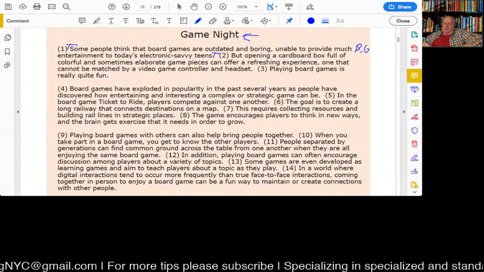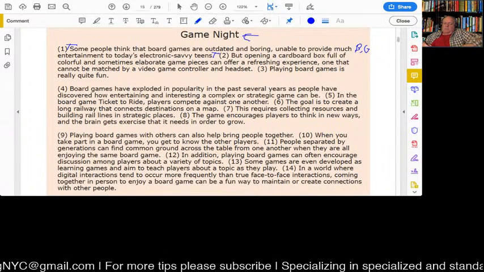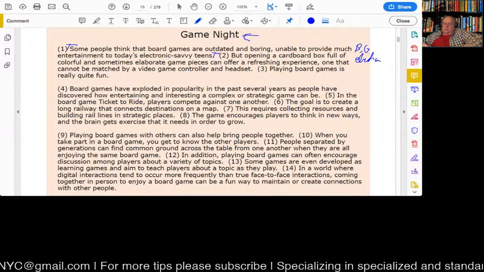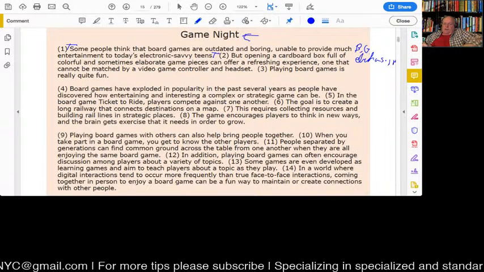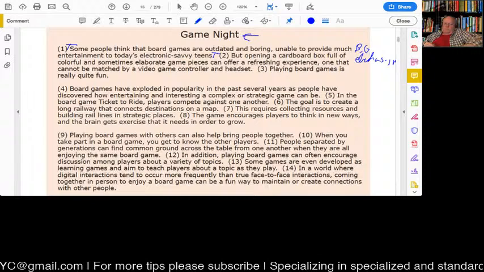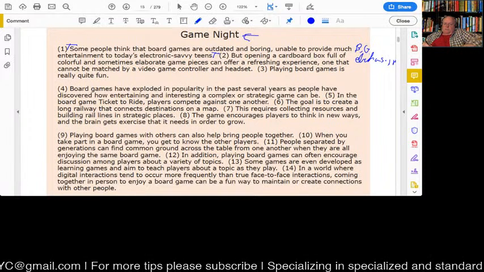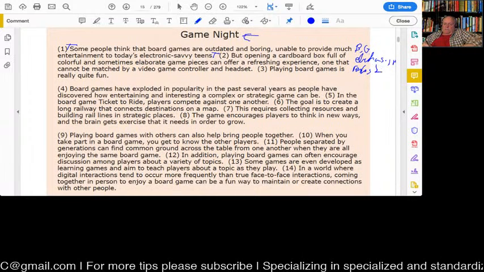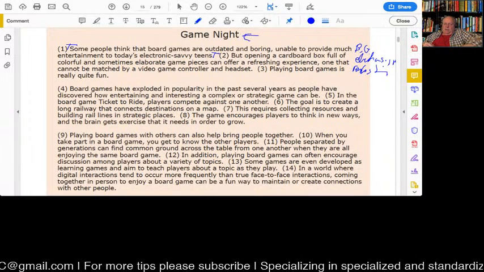So what does it say about board games? It deals with electronic savvy, and you have to figure out reading your own handwriting here. Refreshing. And sorry for my handwriting. And fun.